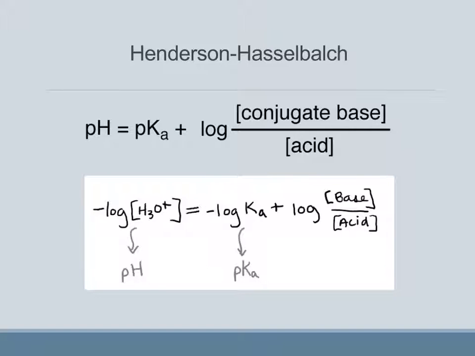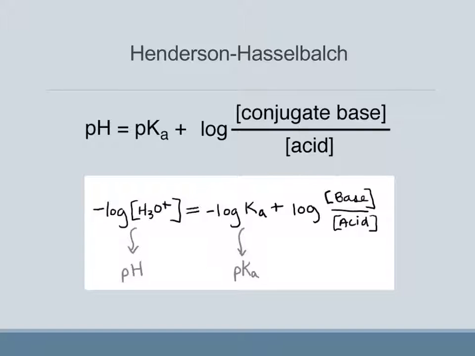Through a series of mathematical computations and a whole bunch of equations that you can derive if you wish, Henderson and Hasselbalch developed an equation that has made our job much easier in solving these problems. You're going to wish I had shown you this equation earlier because it'll make your life much easier.